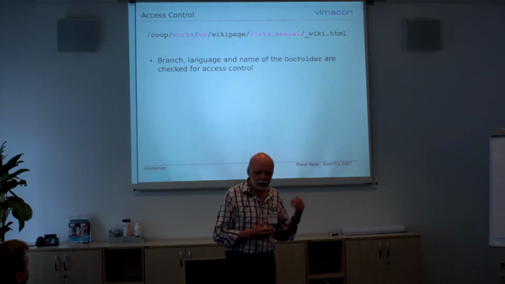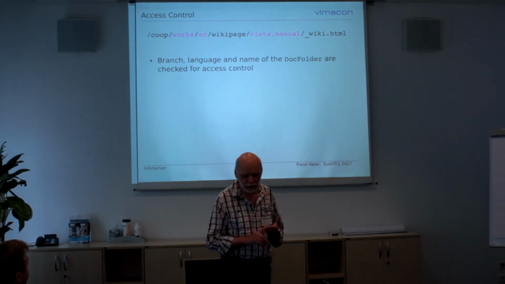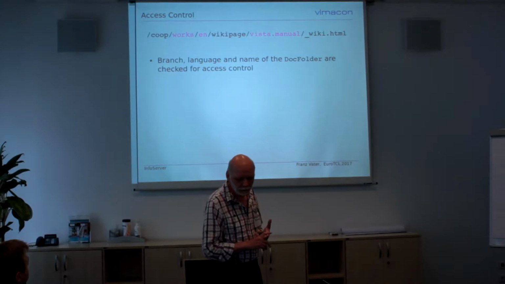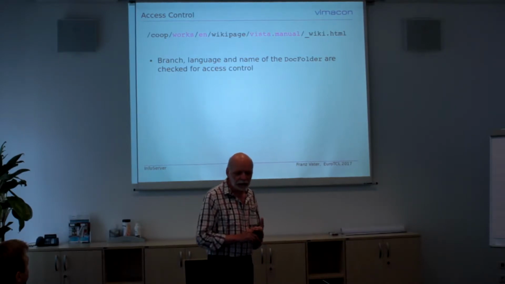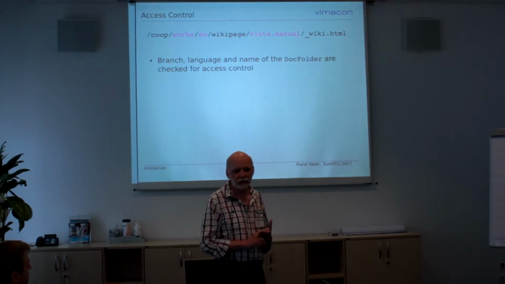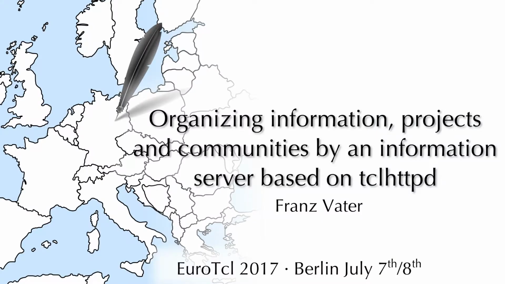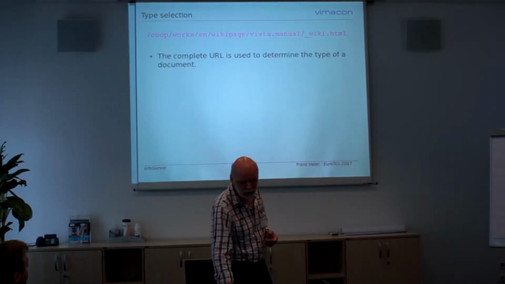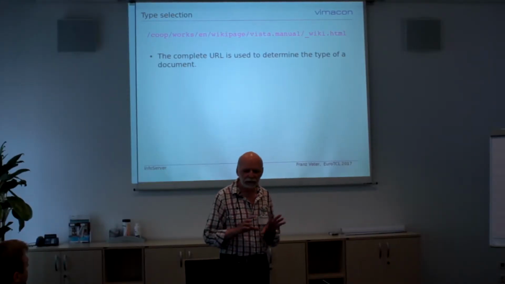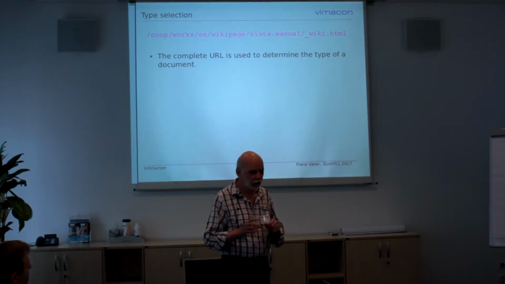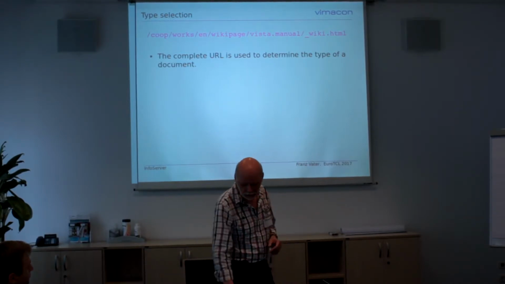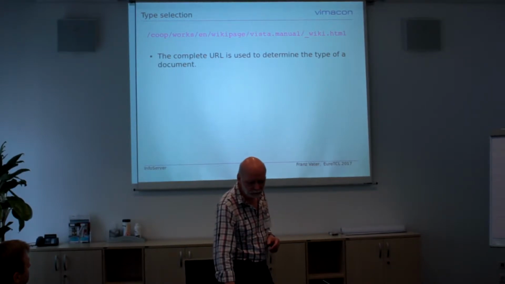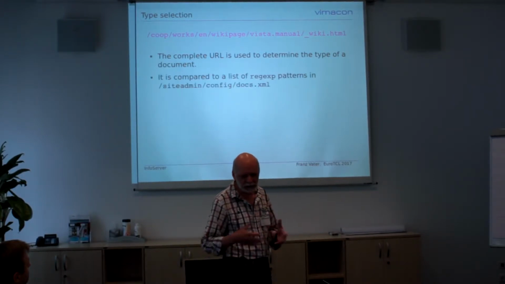The marked components, works, language, and the name of the doc folder are checked for access control. That means this must match. And all components are used to determine the type of a document. The type of a document is something you specify yourself. That's nothing which is defined.